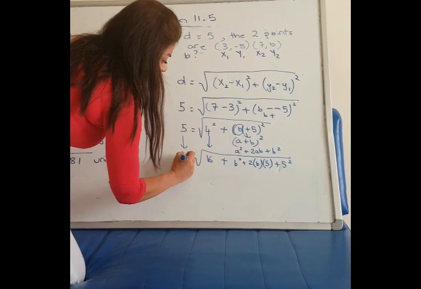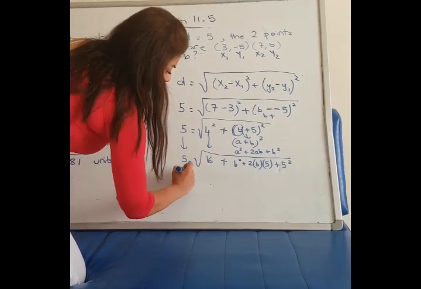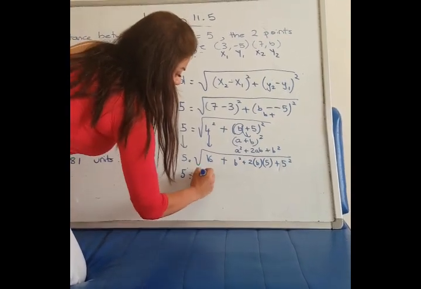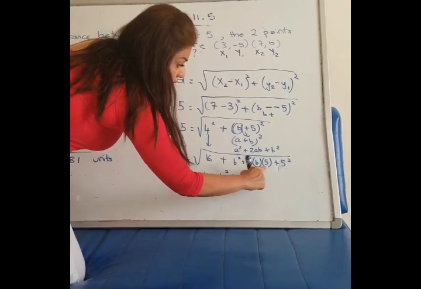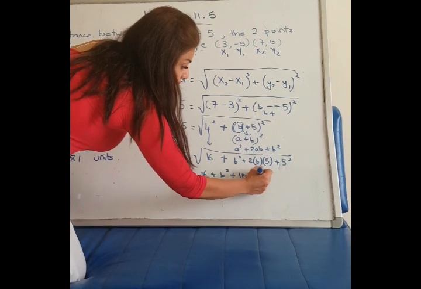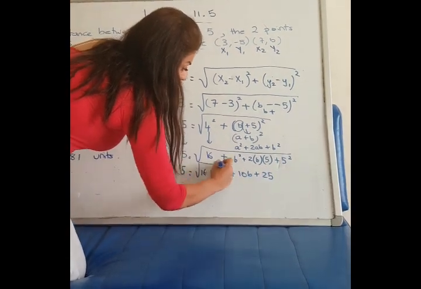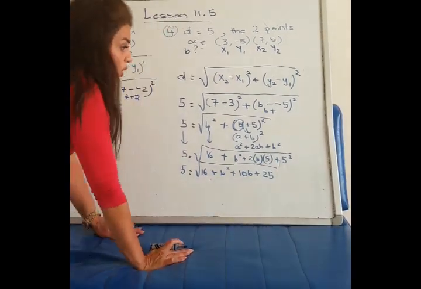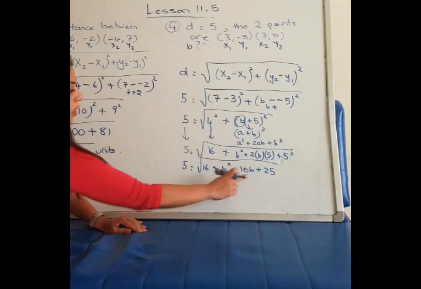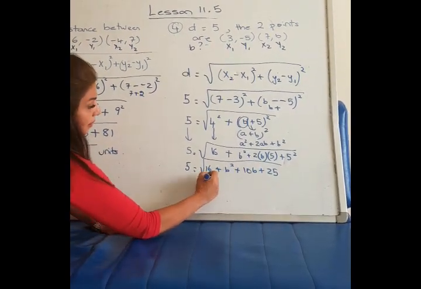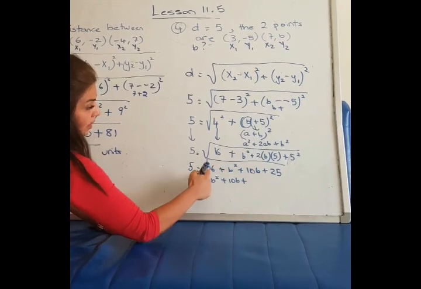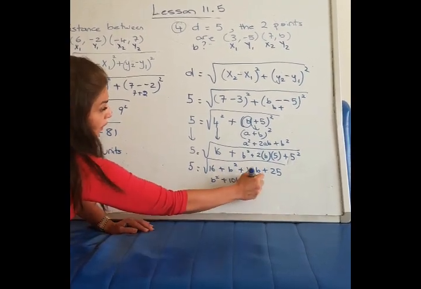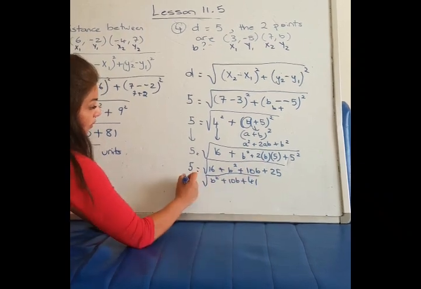I bring down the 5 as it is. 5 is equal to 16 plus, I start solving here, b squared plus 2 times 5, 10b plus 25, the radical of it. I start adding my like terms. 25 plus 16 is 41, so b squared plus 10b plus 41, and the radical of it, 5 is equal to.